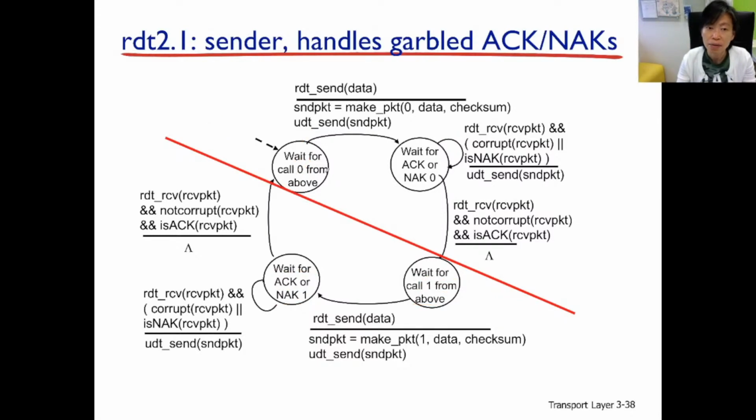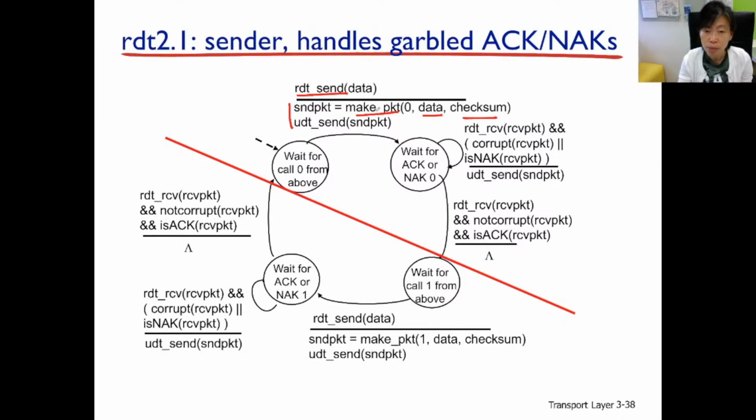As a result, when we get a call from above, so the application calls RDT send data, it will trigger these actions to occur. We'll be making a packet, taking data, and doing the checksum, right? This is in order for the receiver to check and see whether to send ACK or NACK.